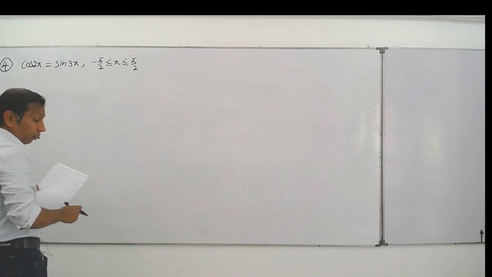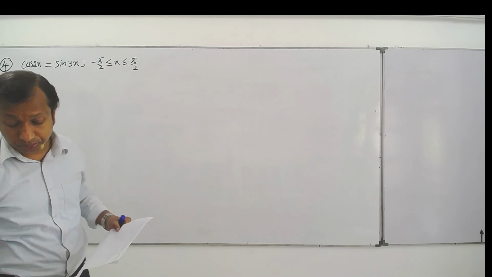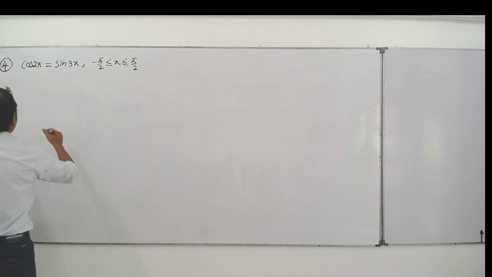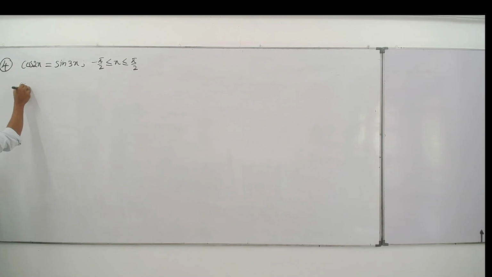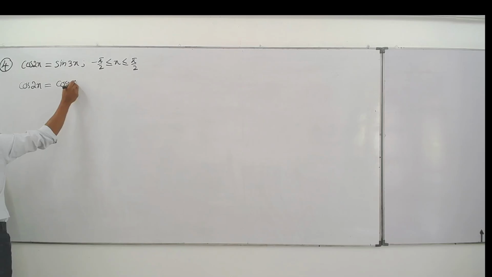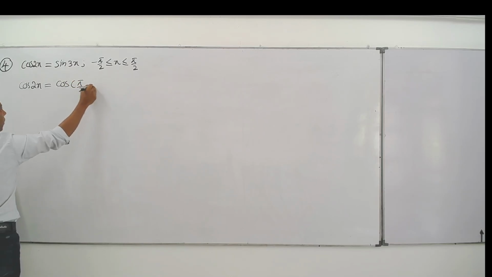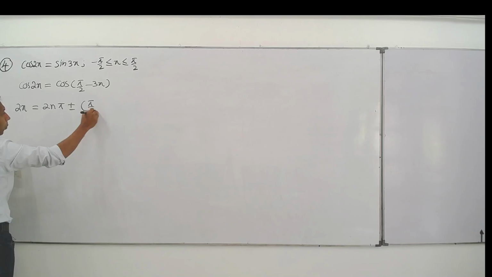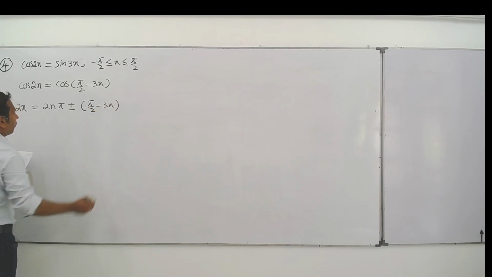Okay, we can solve it like this. We can write the right hand side, sin 3x, as cos (pi by 2 minus 3x). Then we have the cos equality, 2x equals 2n pi plus or minus (pi by 2 minus 3x), right?